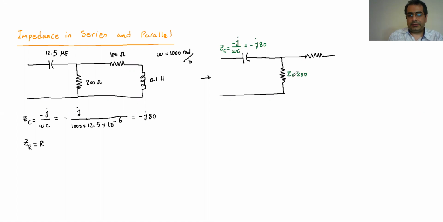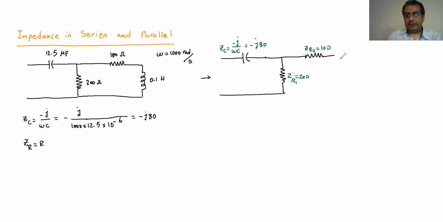I'm going to call it ZR1. If this is the R1, then the Z for the R1 is going to be 200. And the Z for the R2 is going to be just 100, because the ZR is just the R.